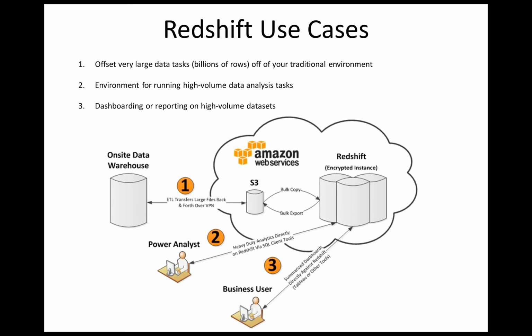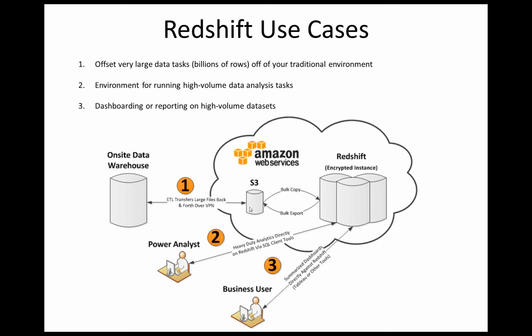So for today, we see 3 primary use cases for Redshift. The first one is offloading very large data sets, so billions of rows, off of your traditional environment. And you can see that highlighted in option 1 here. So if you have your traditional on-site data warehouse, you could use your ETL to grab data out of the warehouse and move it securely over to Amazon's S3, the Simple Storage Service.